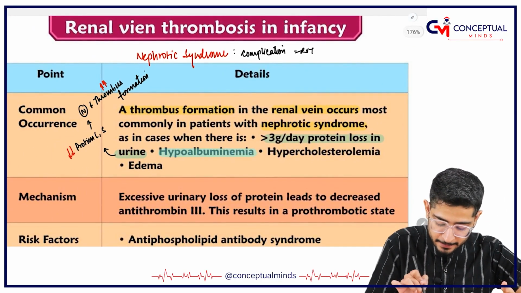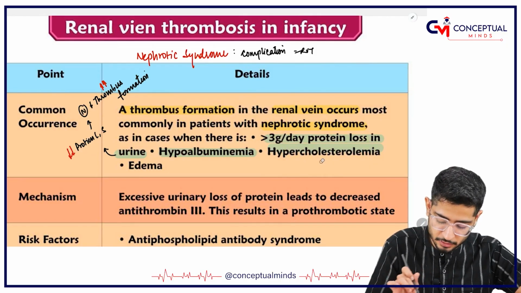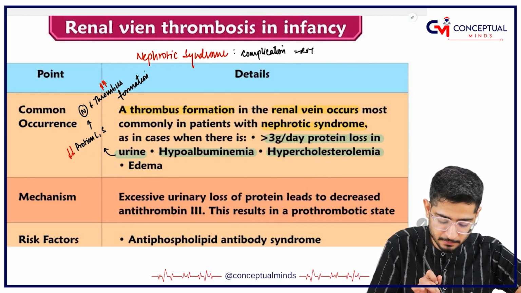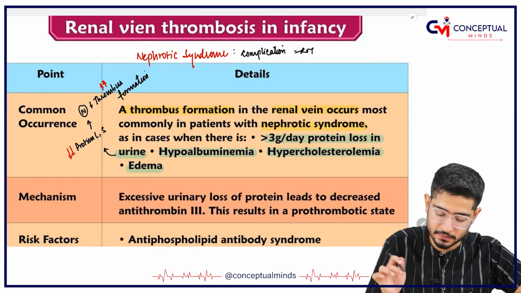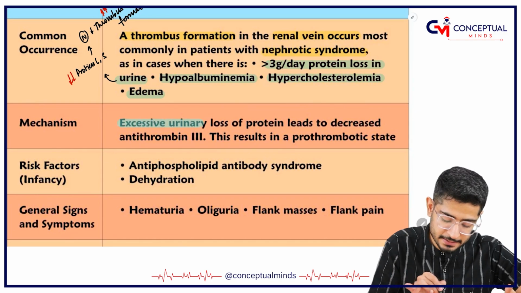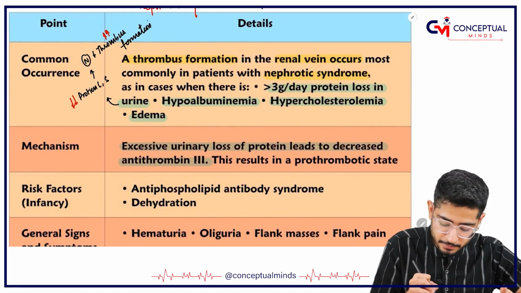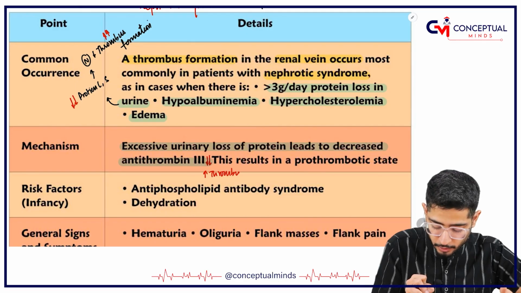Next, we have hypoalbuminemia, which again happens in nephrotic syndrome, and hypercholesterolemia is also going to happen. Edema is also part of the nephrotic picture. Excessive urinary loss also leads to a decrease in antithrombin III, and if antithrombin III is decreased, of course the thrombus will form more.